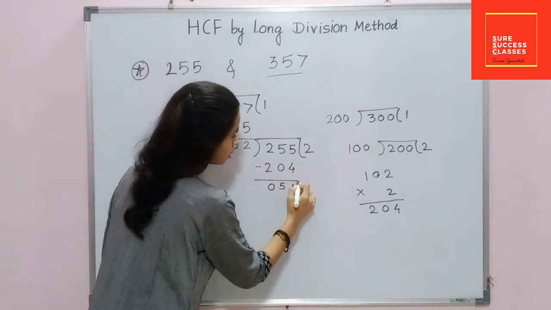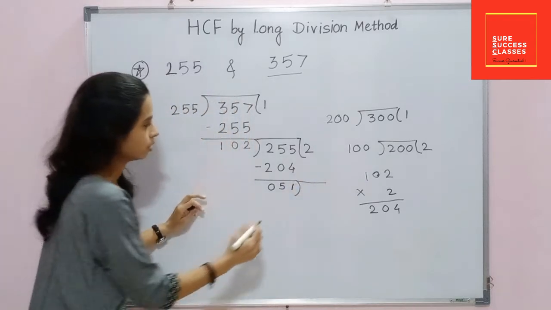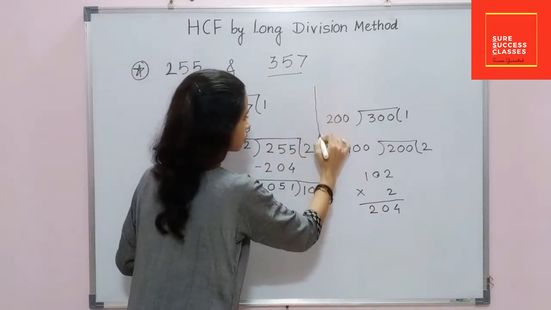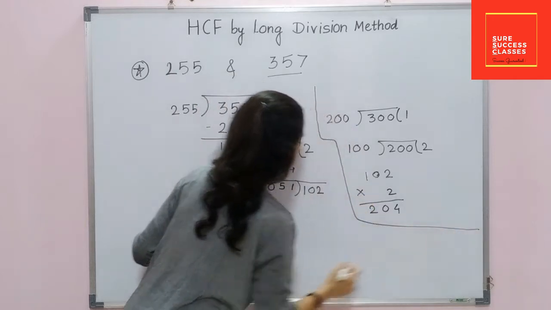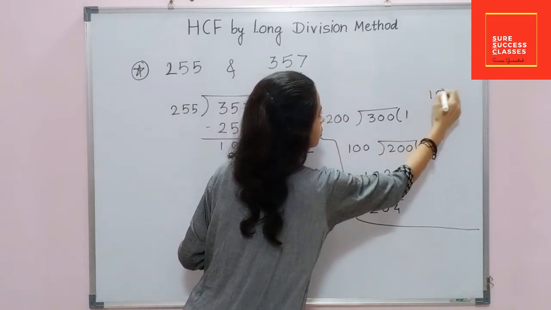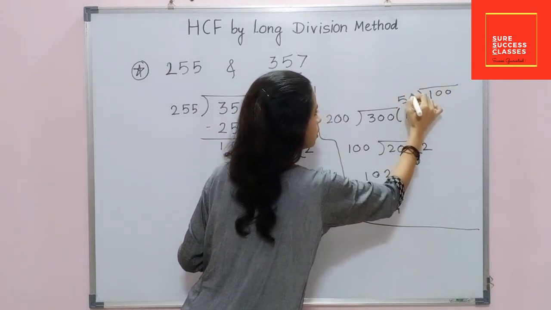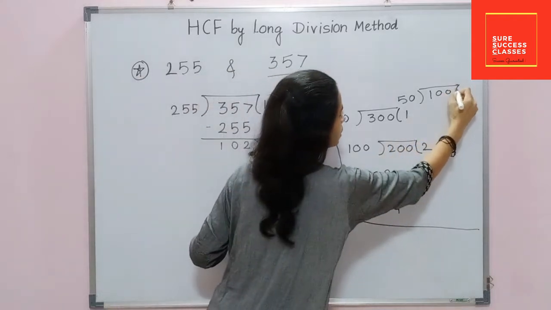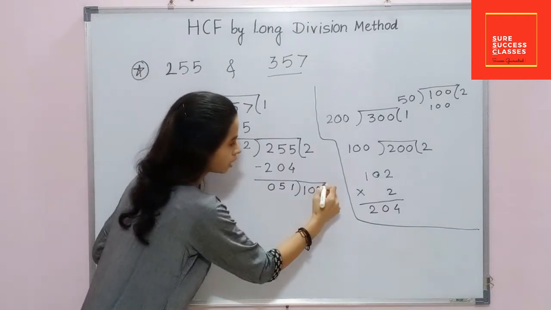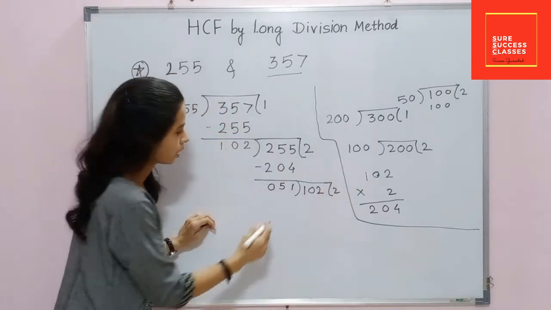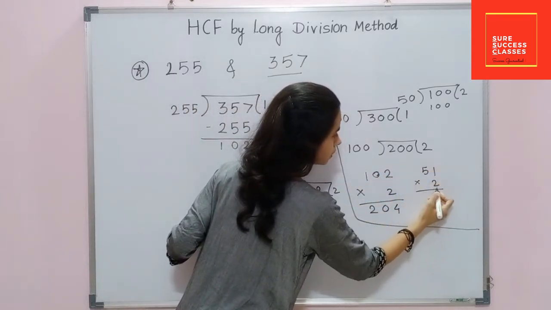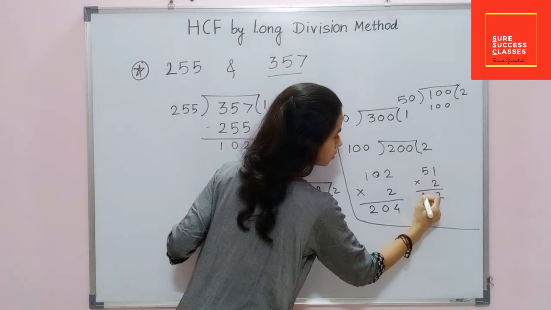Here again we have got a remainder, 102. We will separate it in this way. 50, if we divide this 100 by 50, then 50 goes two times in this 100. So here we can write 2 as a quotient, and we will perform this multiplication. 2 1s are 2, 2 5s are 10.